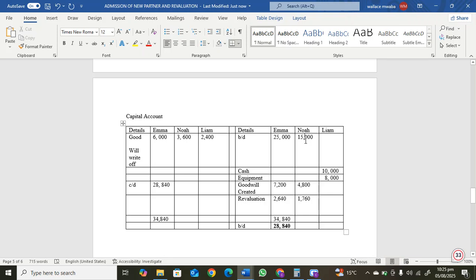Then we also look at Noah. His initial capital balance is 15,000, so it's also supposed to increase because Liam is compensating him, and this share of the revaluation is 1,760.